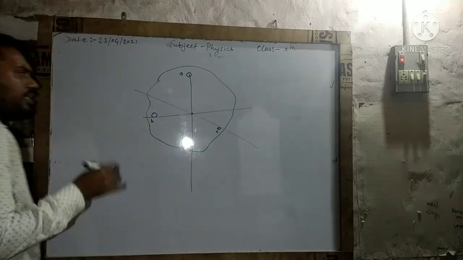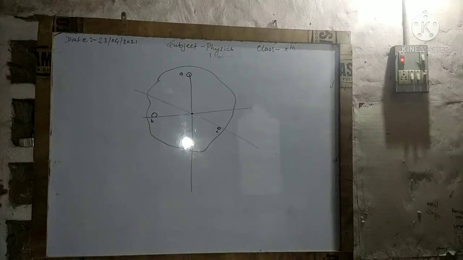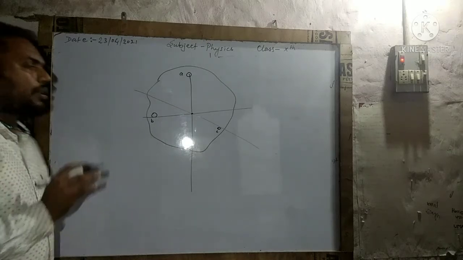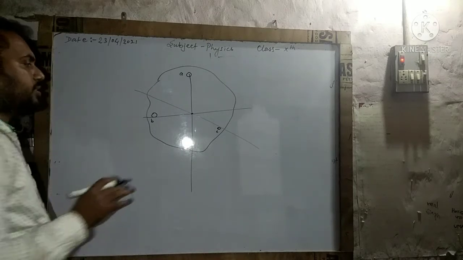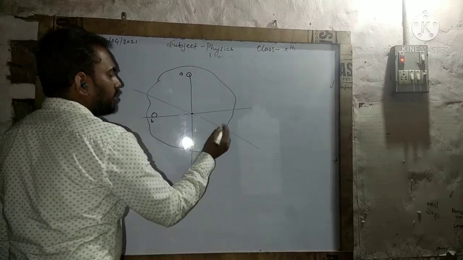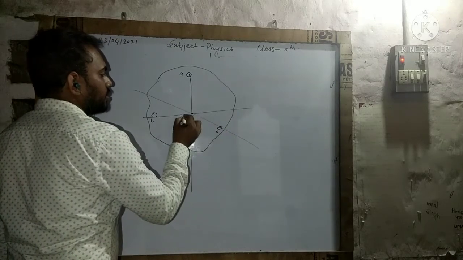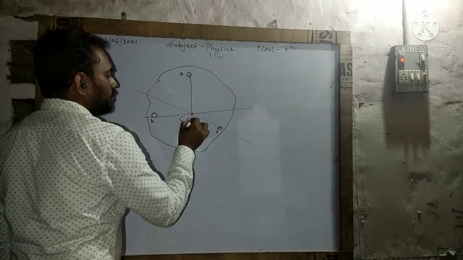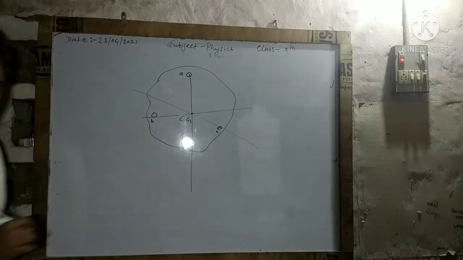At a certain point, these perpendicular lines meet. That point will be called the center of gravity of this sheet.